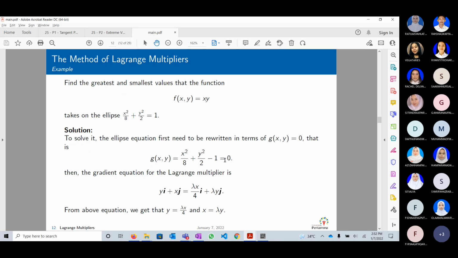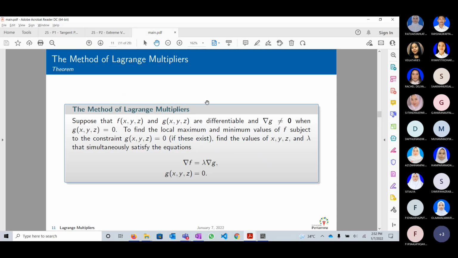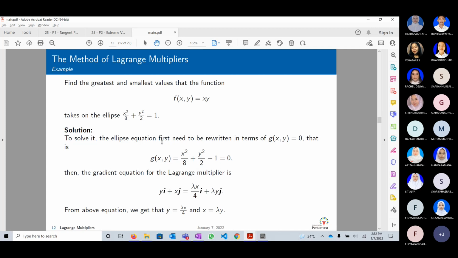Jadi langkah pertamanya, di sini kita punya kendalanya adalah g(x, y, z) sama dengan 0 ya. Karena di sini hanya x dan y saja, berarti g(x, y)-nya harus sama dengan 0. Maka karena kendalanya adalah elips ini, kita buat persamaan elips ini menjadi bentuk g(x, y) sama dengan 0, yaitu dengan memindahkan 1 ke sebelah kirinya.